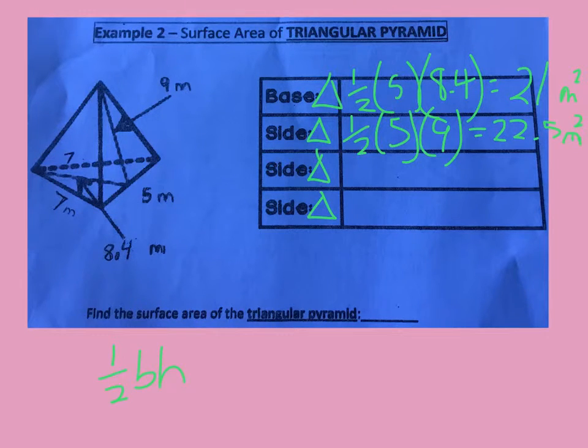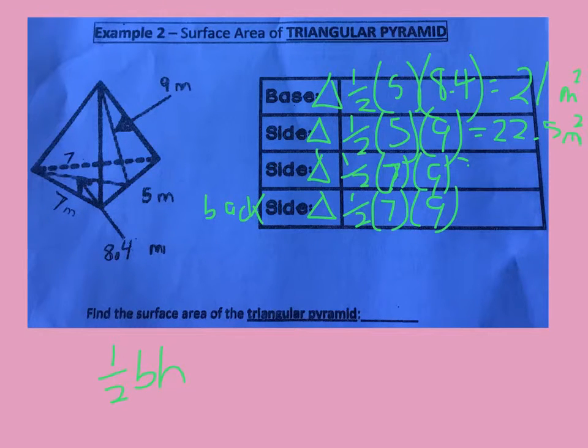So I'm going to write 1/2, the base is 7, and the height is 9. Same for the back triangle, 1/2 times 7 times 9.